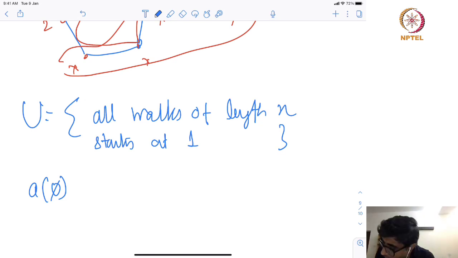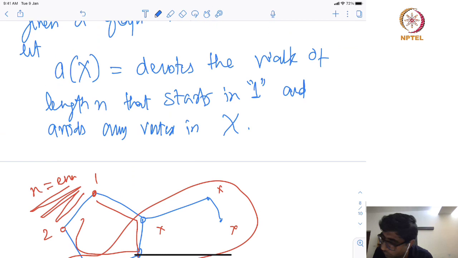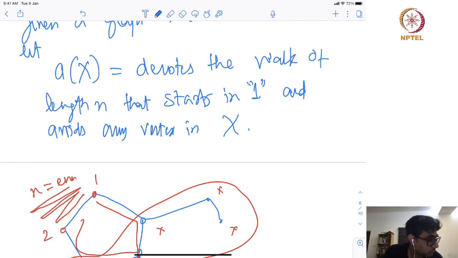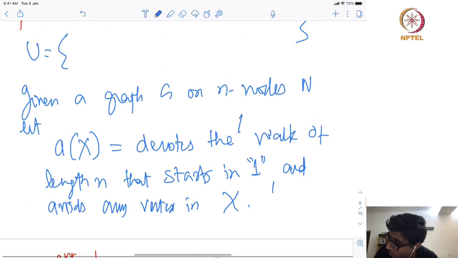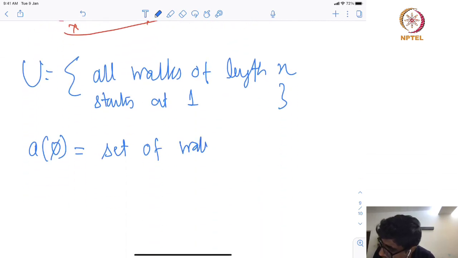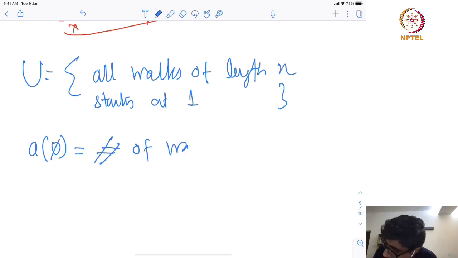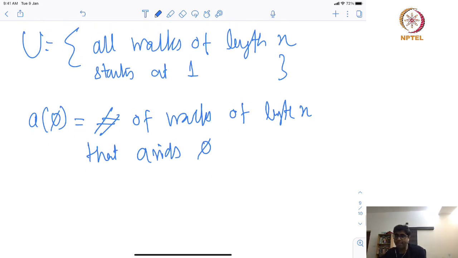A of phi denotes the number of walks of length n that avoids phi.